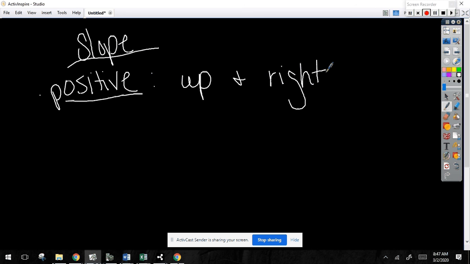Remember, our slope should always be in the form of a fraction. What if it's a whole number? You put it over 1.